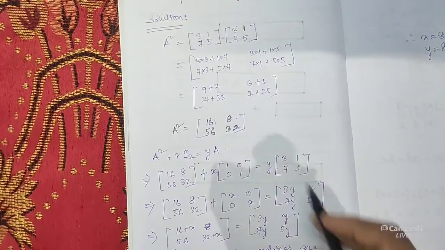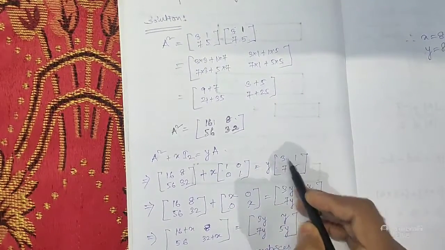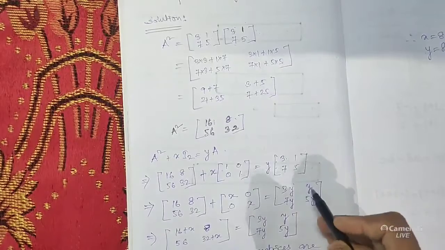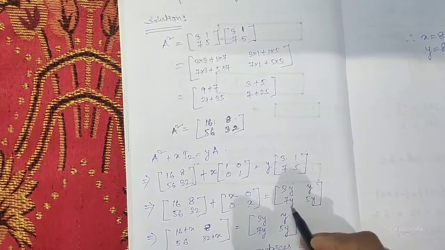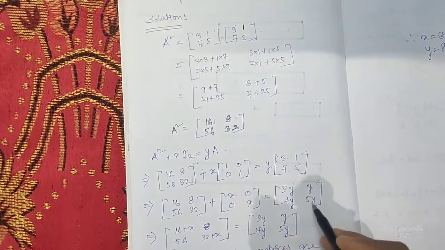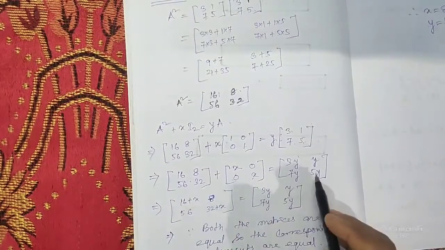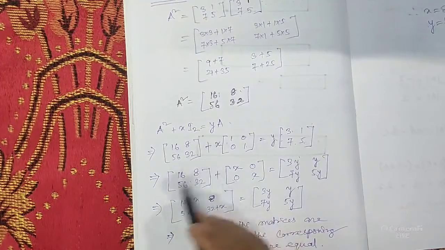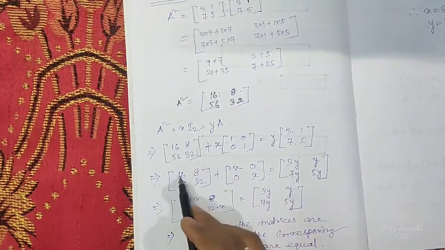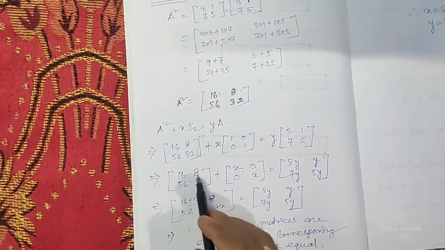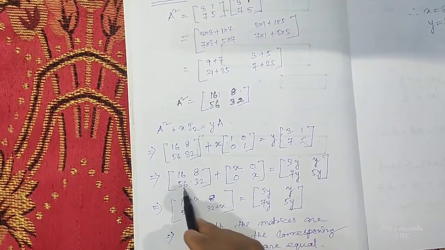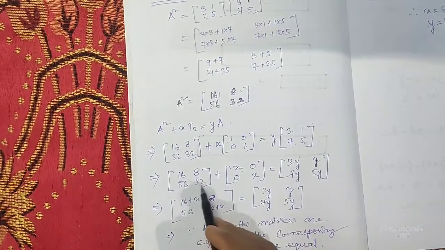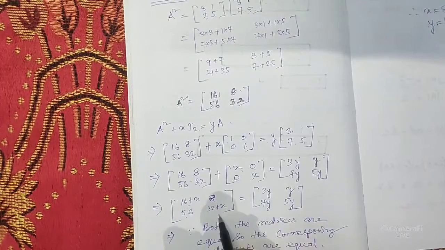Similarly here yA: y into 3 is 3y, y into 1 is y, y into 7 is 7y, and y into 5 is 5y. So this plus this equals this. Here we can do matrix addition, corresponding elements we can add. So 16 plus x, 8 plus 0 is 8, 56 plus 0 is 56, and 32 plus x here.